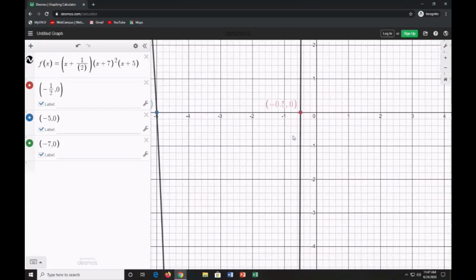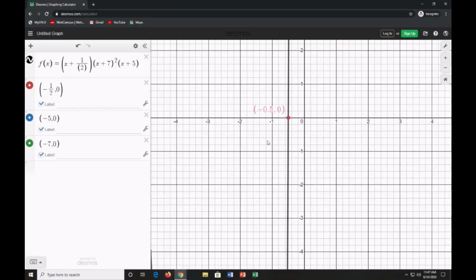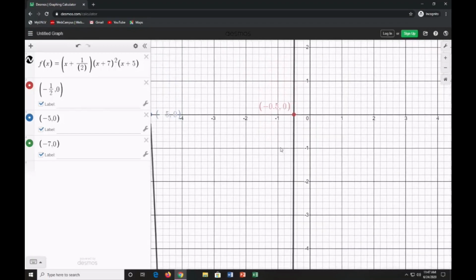Let's look at this one. Because we're reading the graph from left to right, here the line is coming from below, and then it hits the x-axis at that point, minus 1/2, 0, and then moves above the x-axis.